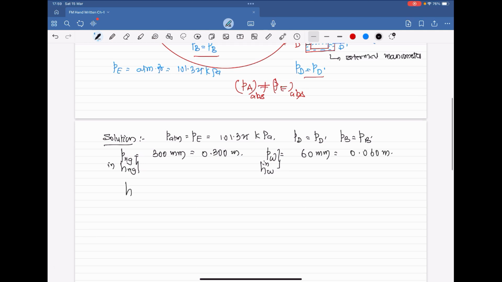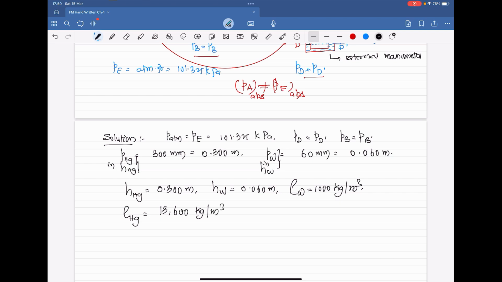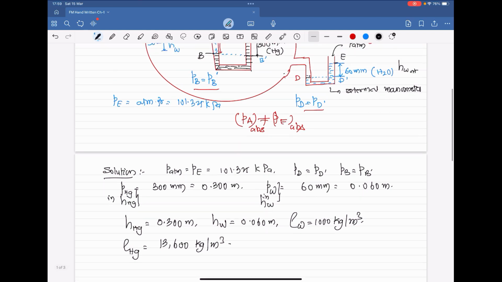That means H mercury is equal to 0.300 meter. H water outside is equal to 0.060 meter. And density of water is equal to 1000 kg per cubic meter, as I told you. Density of mercury is equal to 13,600 kg per cubic meter.